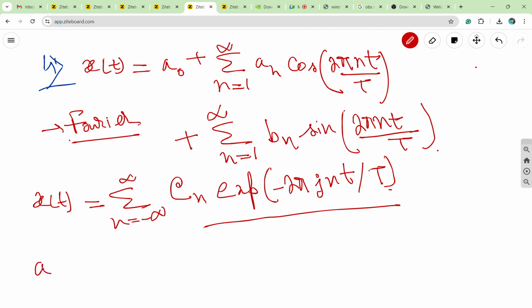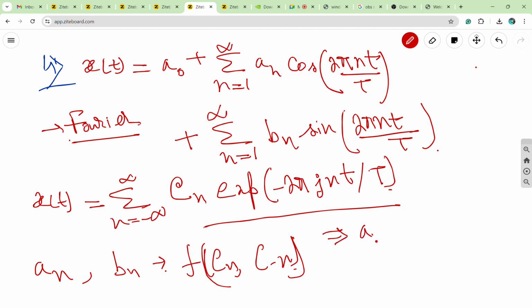So you have to find the formula. How can you represent an and bn as a function of cn and c minus n?